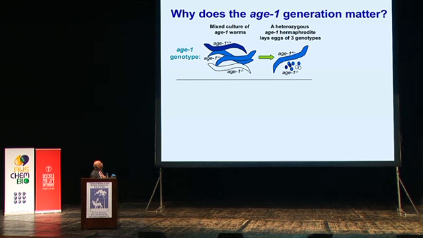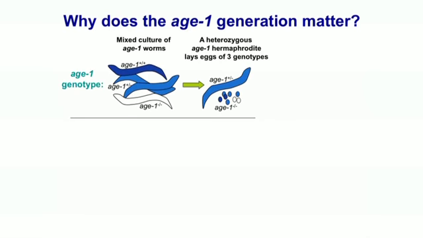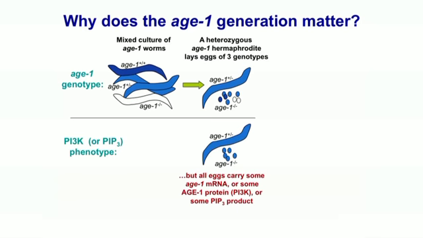And the heterozygotes will lay eggs that are genetically of those four types as well. Above the line we're looking at the DNA, what's in the genes. Below the line we're looking at what's in the cells, in the phenotype, how much PIP3 is there.